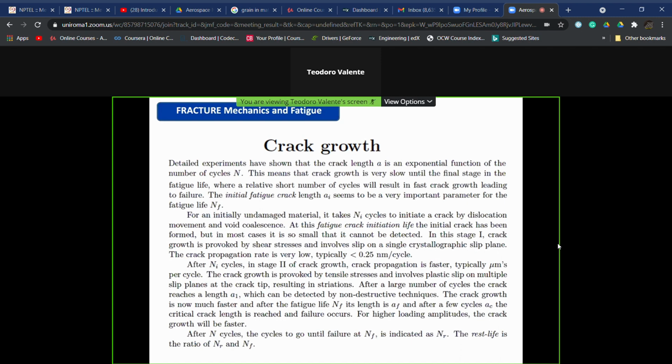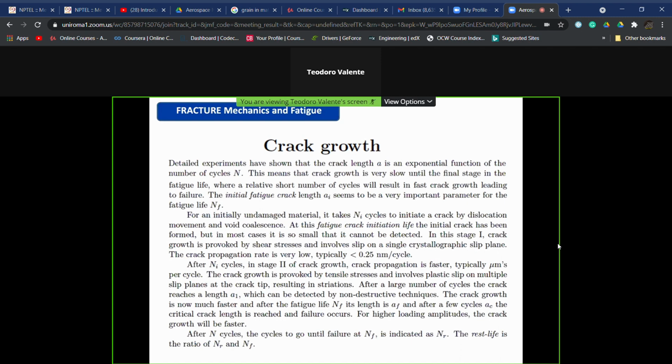Remember what we have said many times: if we are not able to detect any crack at the initial stage by using non-destructive techniques, for safety, we start in any case with an initial crack which is not equal to 0, but is equal to the sensitivity of the NDT techniques which has been used. But generally speaking, after this, the crack growth is much faster.